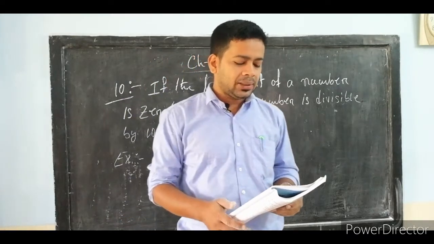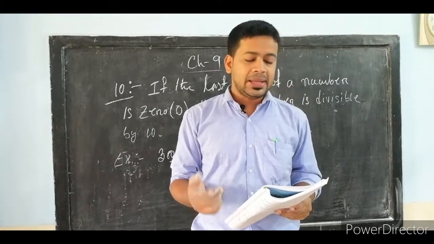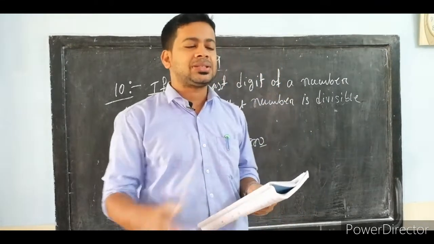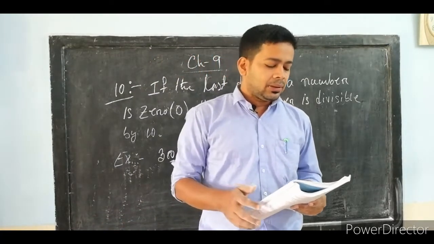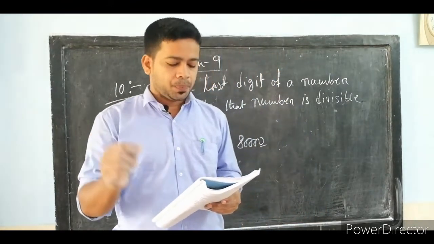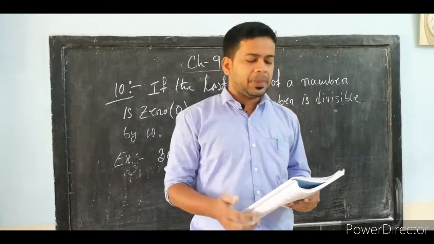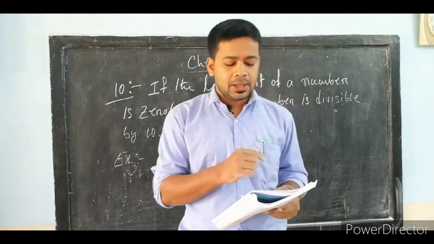So in question number 1, we will check whether the following numbers are divisible by 2 or not. Please tick it in your book as I said. Number A, 36. 6 is an even number, that is true, so you tick. Number B, 45. 5 is not an even number, so it will not be divisible by 2.